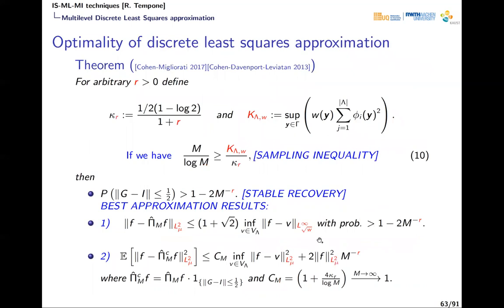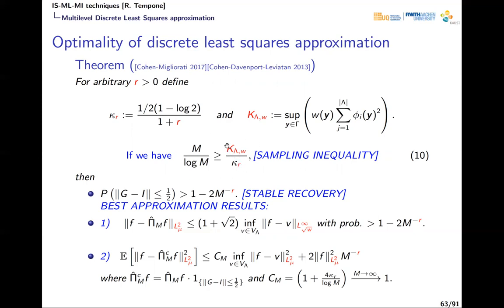What is not so standard is the theorem of Cohen and Migliorati from 2017, and this relates to other work with Cohen and Davenport and Leviathan, that says essentially that to have stable recovery in that projection, you need a sufficient number of samples. How many samples? Well, this sampling inequality tells you how many.